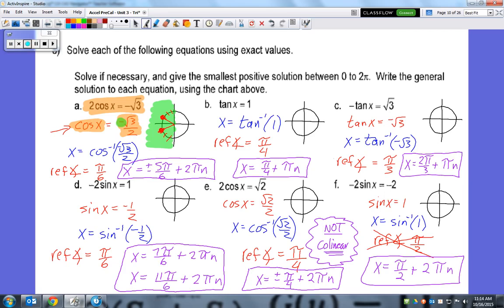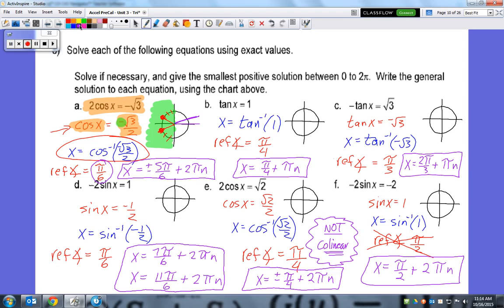So I'm going to say the arc cosine of this is going to be either 5 pi over 6 or 7 pi over 6. But something that I have to remember right now. The reference triangle, if I were to basically only think of this as being in quadrant 1, is a positive pi over 6.